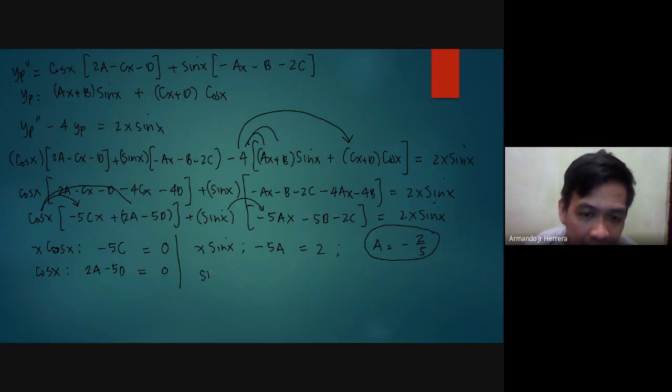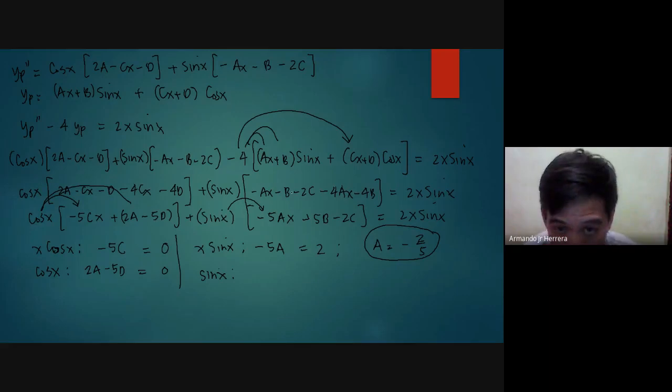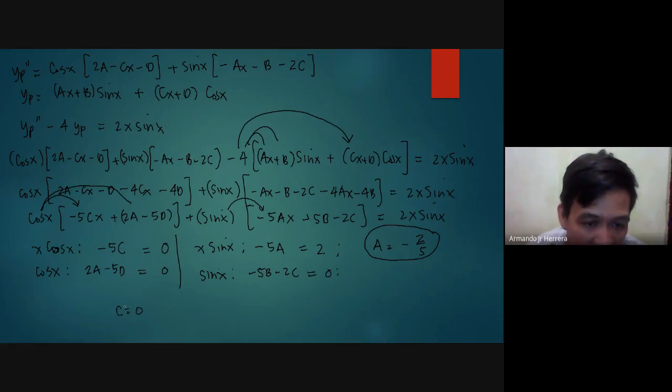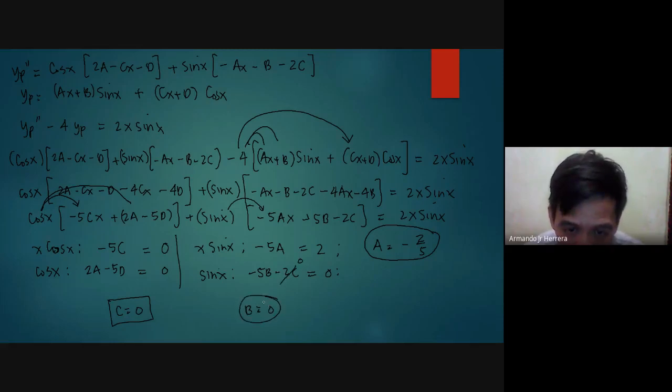So for all those with sine x, I will distribute there. So this is negative 5b minus 2c is equal to, the right side is 0. So, our c here is 0. So, if c is 0, b is also 0, because c is 0, b is also 0.